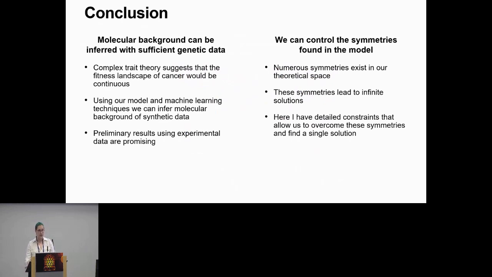Using our model and some machine learning techniques, we can infer molecular background of synthetic data, and preliminary results using experimental data have been extremely promising. Additionally, one of the major challenges when working in theoretical spaces like this is that numerous symmetries exist, and these symmetries can lead to infinite solutions. But here I've detailed some constraints that allow us to overcome these symmetries and find a single good solution.